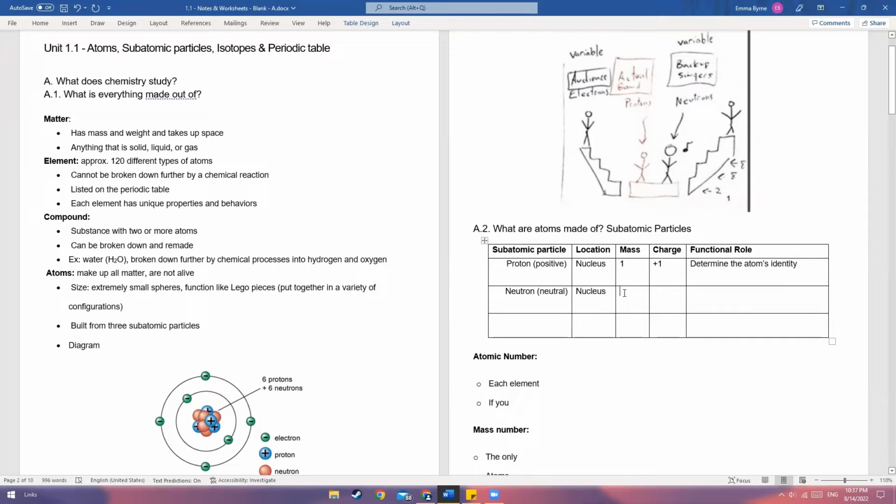Its mass, similar to the proton, is also 1 atomic mass unit. Because it's neutral, it has a charge of 0. And the functional role of the neutron is not to play a role in the identity of the atom, but rather to add extra mass.